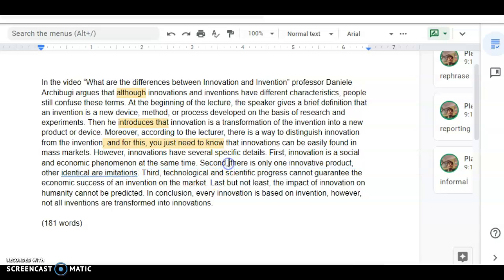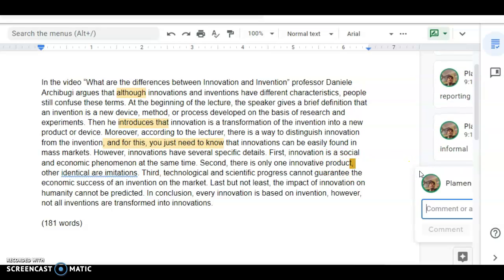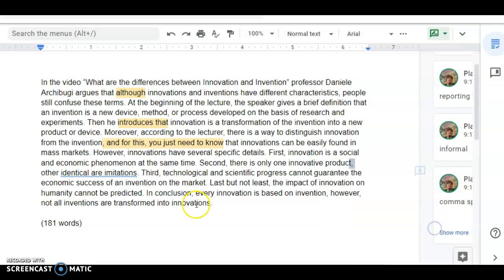The only thing I would note is here, comma, other just doesn't work. It's a comma splice. So you want to use a conjunction or something to connect. But the comma doesn't really combine two independent clauses like that. That's what we call comma splice. So maybe you can say while all the rest, all other identical copies are imitations or something like that, right?